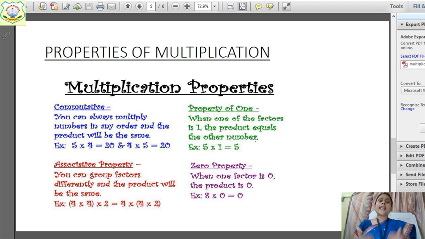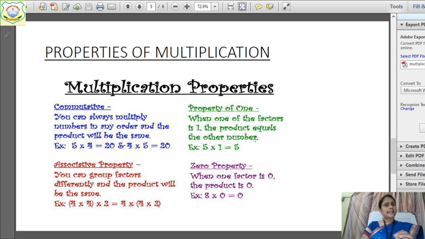Children, take any example. Either you take a smaller number or you take a bigger number. When we multiply 2 with 1, what is the outcome? What is the result? Answer is 2. And when we multiply 45 by 1, what is the answer? 45. If we multiply, suppose we take some bigger number. If we multiply 856 with 1, what is the answer? 856.